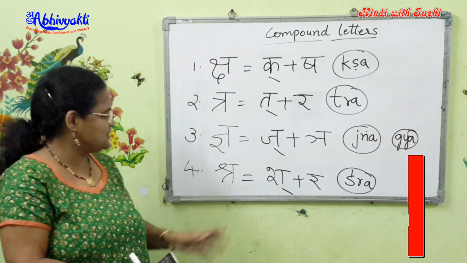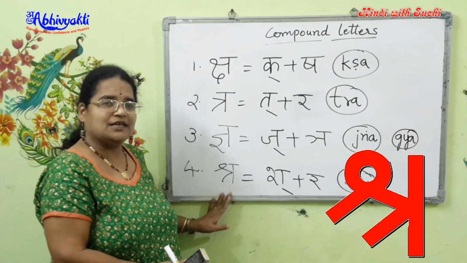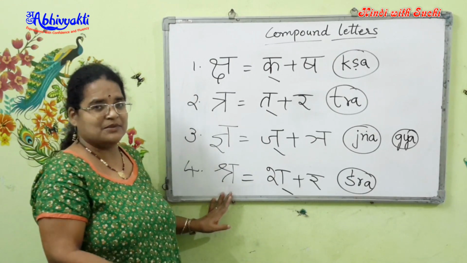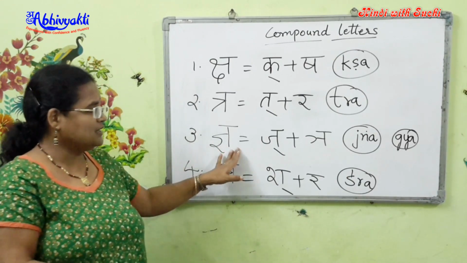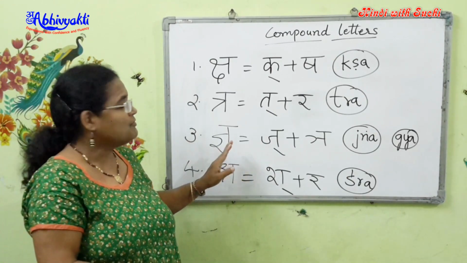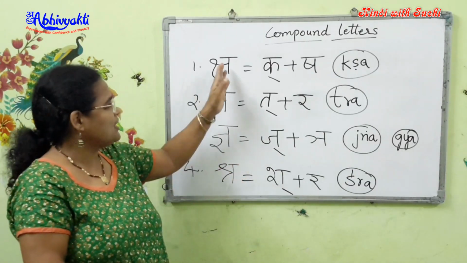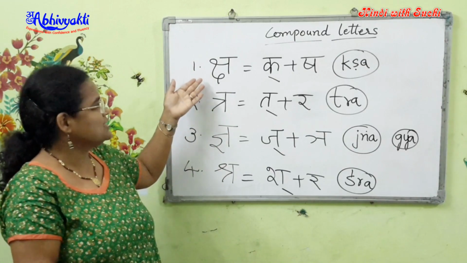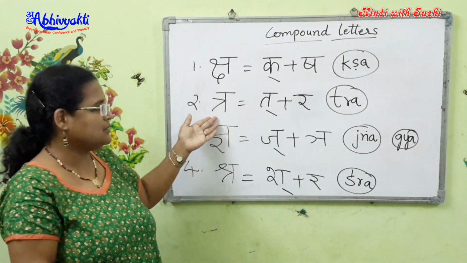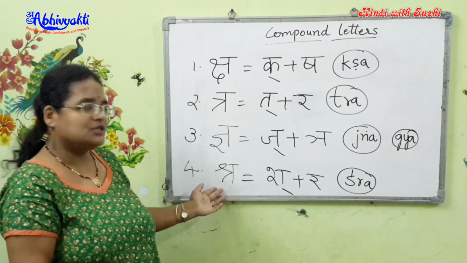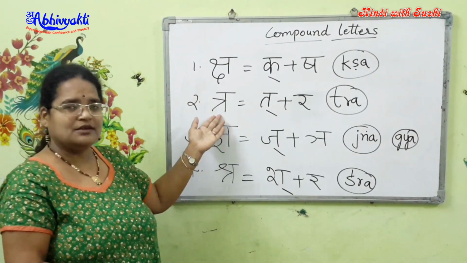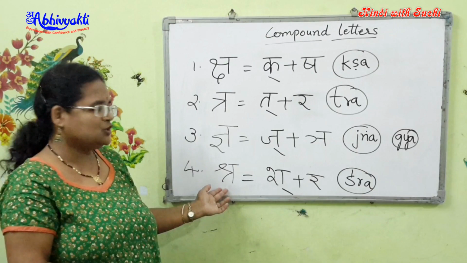So that's the pronunciation here, as in Shri, Shriman, Shrimati, which is like Mrs. and Mr. in Hindi. Jna for Jnaan. We will have words later, but for now I want you to just concentrate on the letters. So this is Ksha, Tra, Jna, Shra. Let us say again, Ksha, Tra, Jna, Shra.